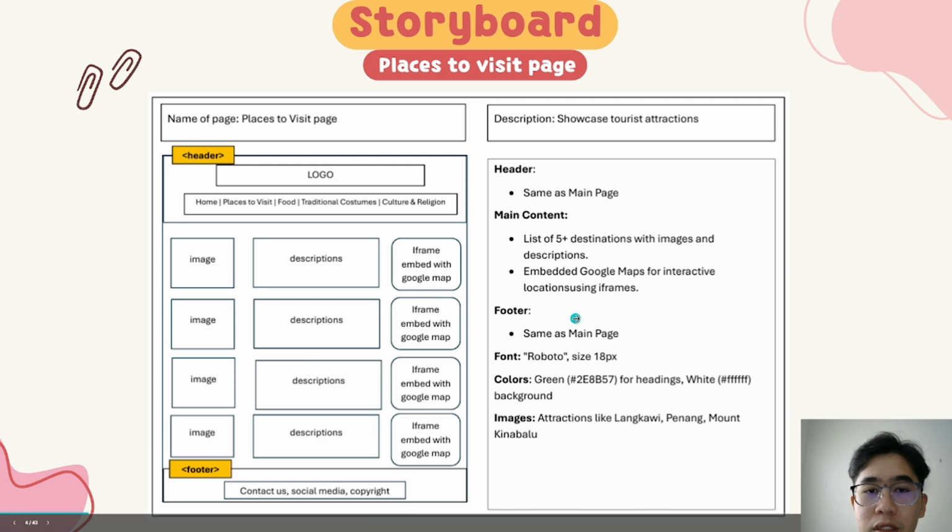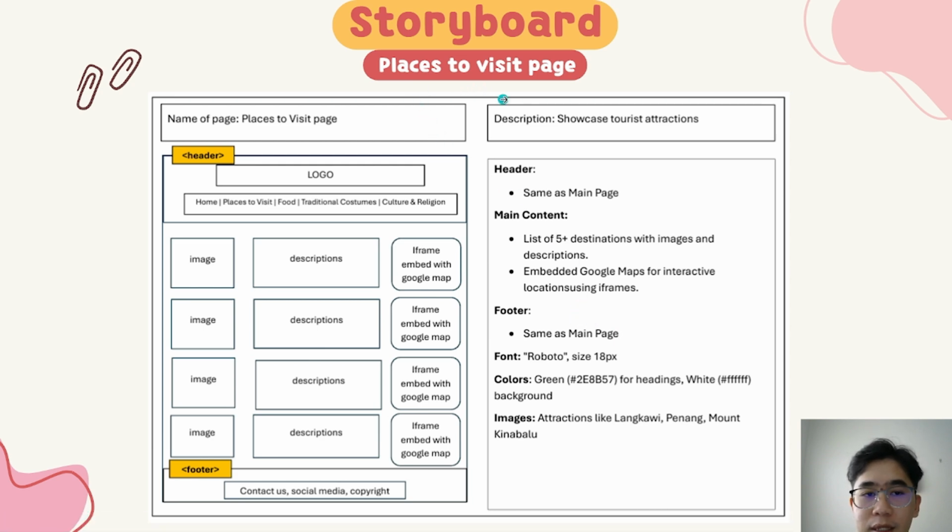For the second page, places to visit. We create the places to visit page to showcase the tourist attractions. When the user clicks on this page, they will first be attracted to the image. The image will show the destinations and landmarks of Malaysia which the visitor can go to.